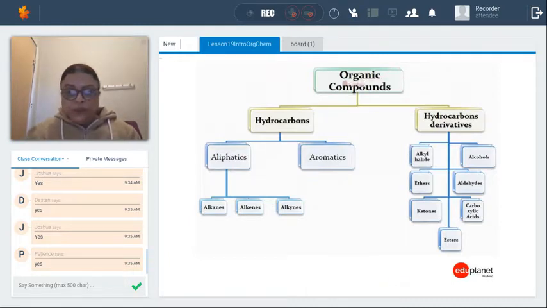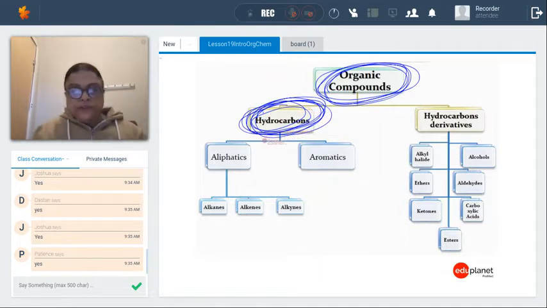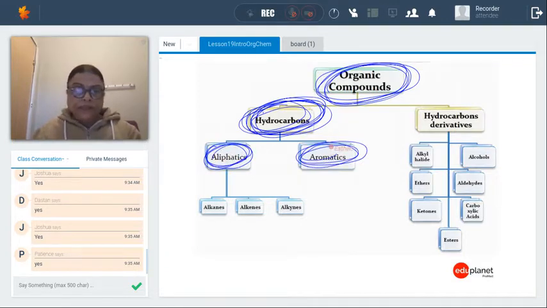So when we talk about organic compounds, we talk about hydrocarbons, okay? And hydrocarbons are divided into two subcategories, aliphatic and aromatic. And the aliphatic are further divided into subcategories: alkane, alkene. And these compounds have only carbon and hydrogen.